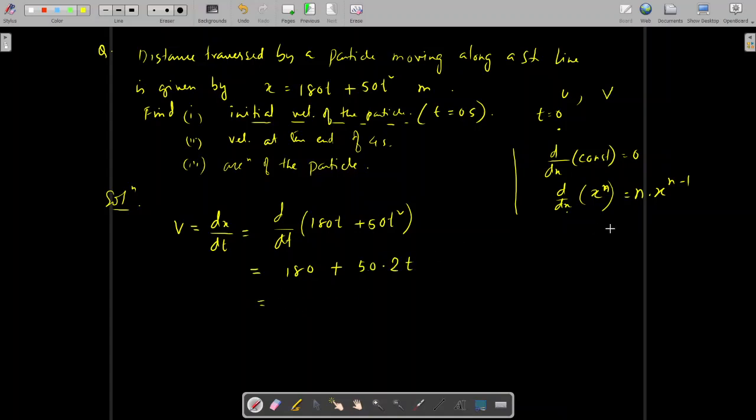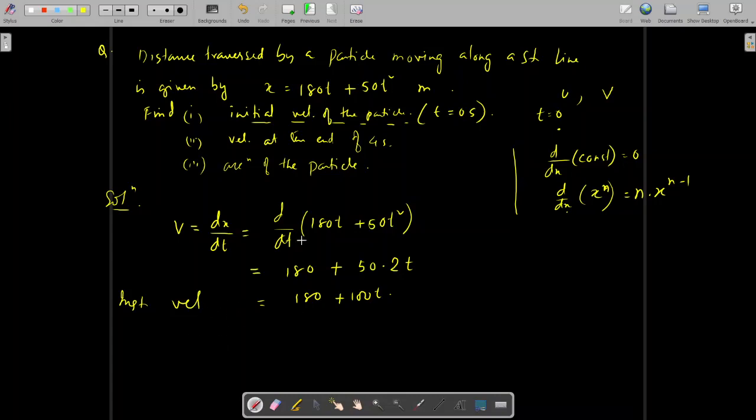I have used this formula. So 180 plus 100t. So this is your instantaneous velocity at any instant. This is the expression for velocity at any instant.